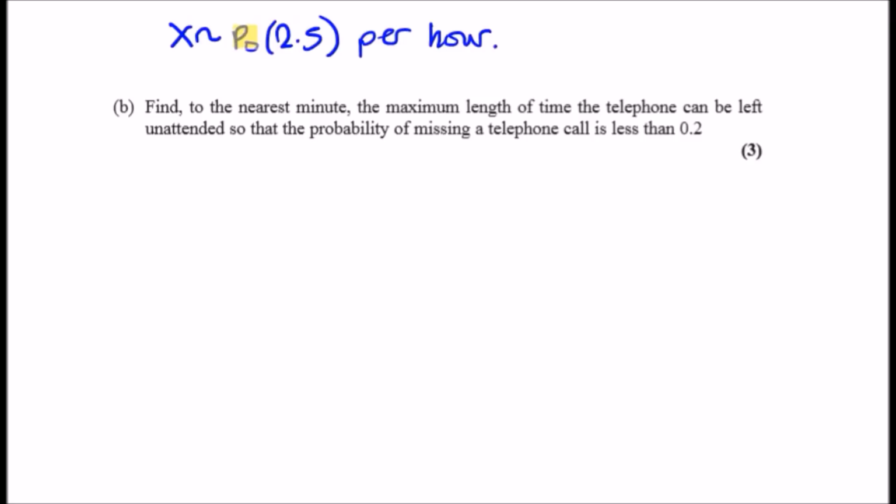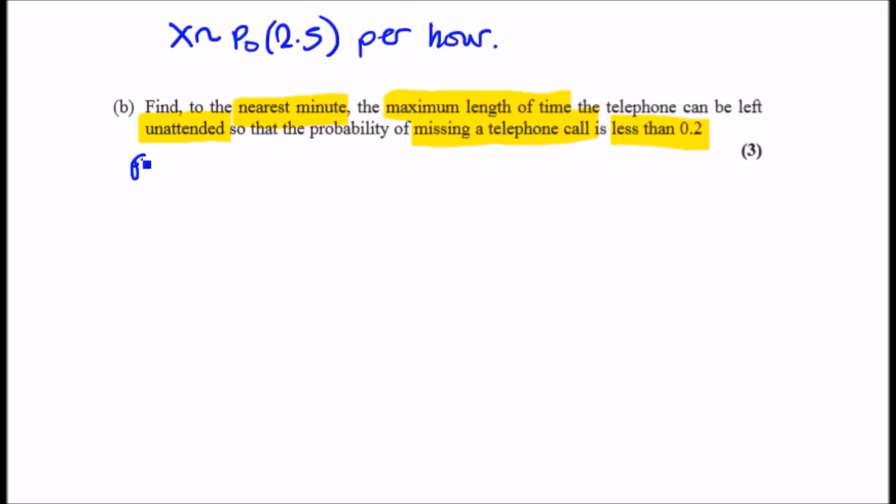Okay, here we go, part B. Find, to the nearest minute, the maximum length of time that the telephone can be left unattended so that the probability of missing a telephone call is less than 0.1. This is a bit funny because it's talking about missing a telephone call, so it's actually a reverse statement.